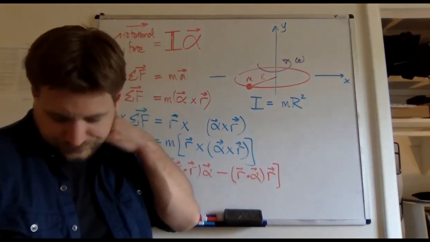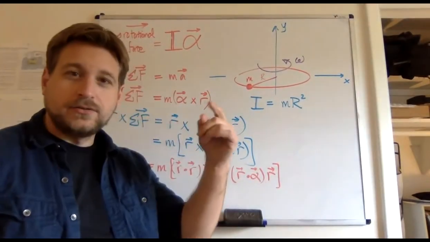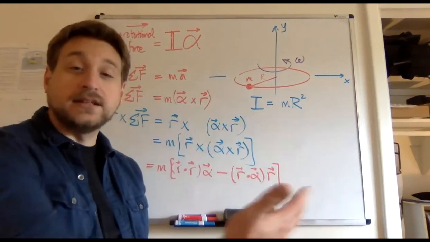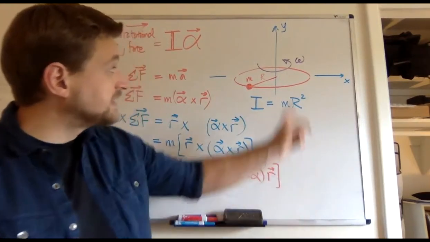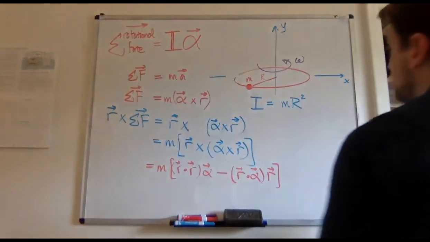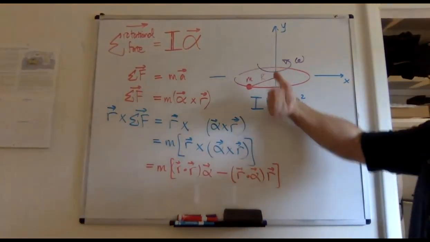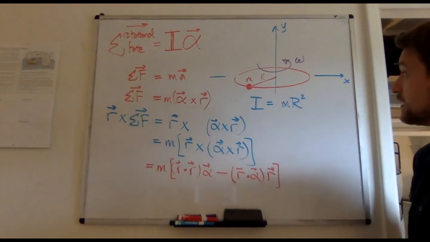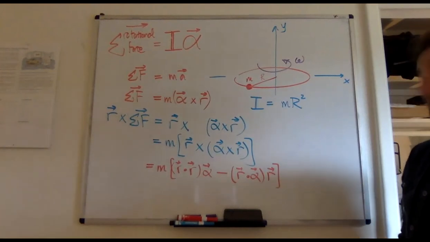Alpha is the angular rate of change of velocity. It's the rate of change of angular velocity. Angular velocity is in a direction. Let's see, we're rotating this way, so omega points in the positive y direction as drawn. So does alpha.